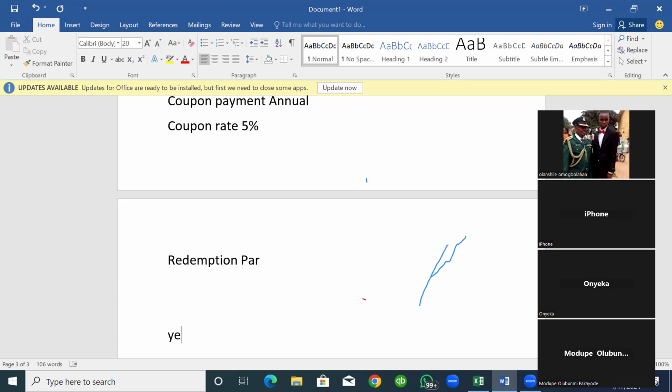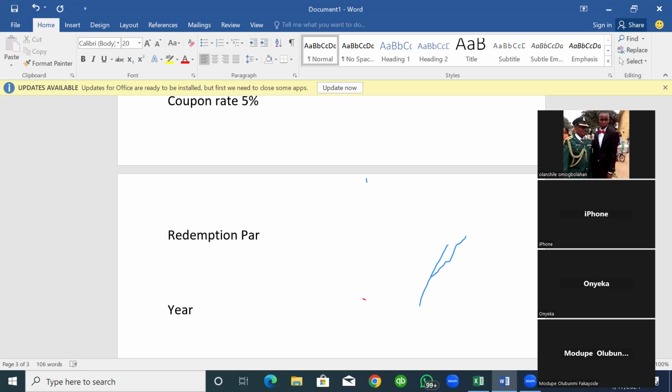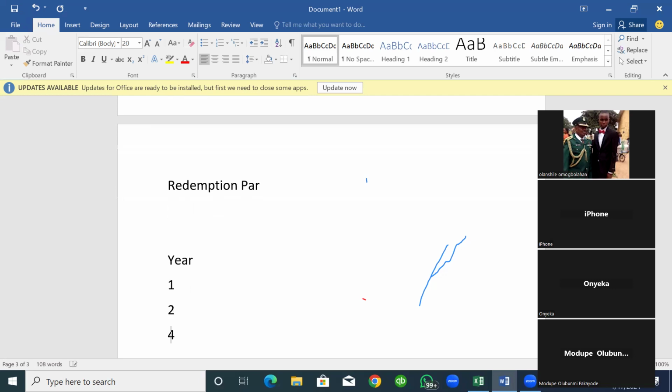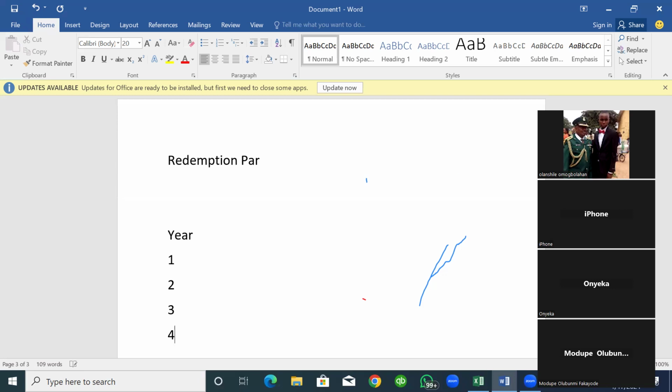This question is from ICAN Park, so let's pay attention and see how they set their question. The current annual spot yield curve for government bond is as follows. Year 1, year 2, year 3, year 4, and the yield.